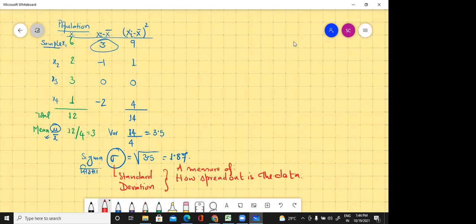Now you know how to compare standard deviations. When standard deviation is high, the data is more spread out. When it is low, the data is concentrated, not randomly anywhere, but near the mean. It is very important: when standard deviation is low, all the data points are concentrated near the mean. The standard deviation we are considering is with respect to the mean here.